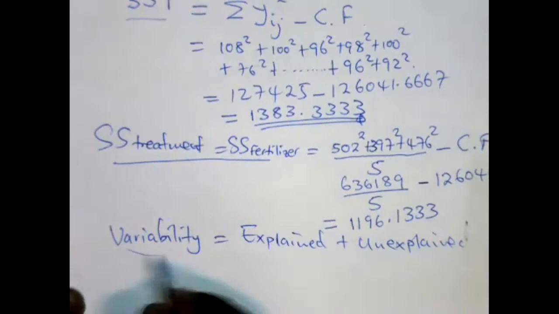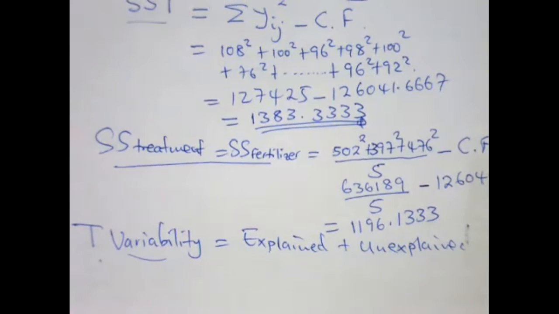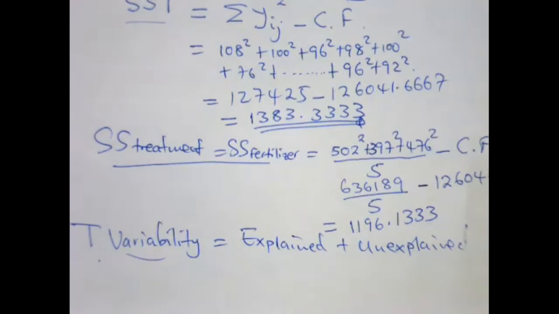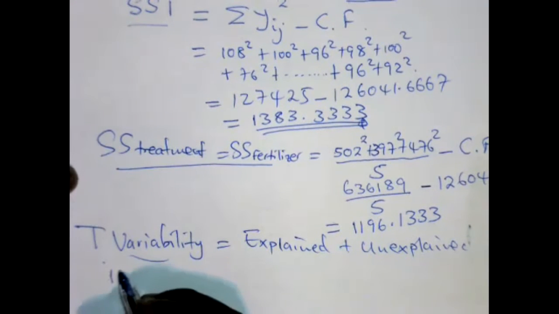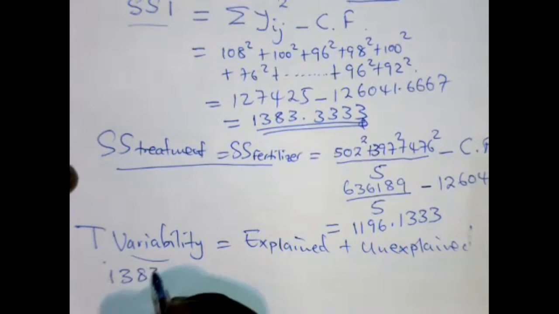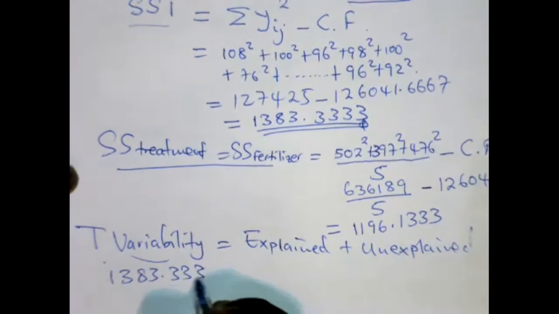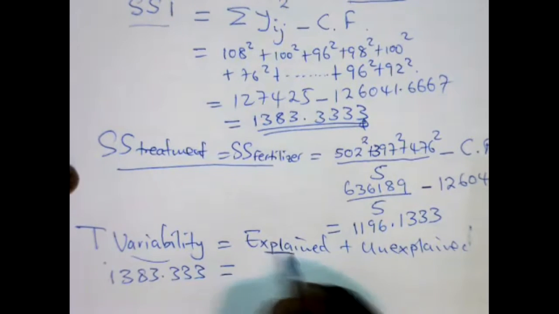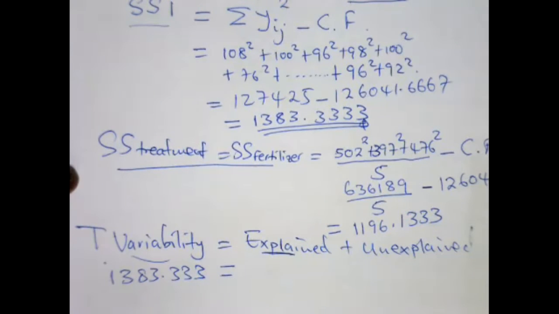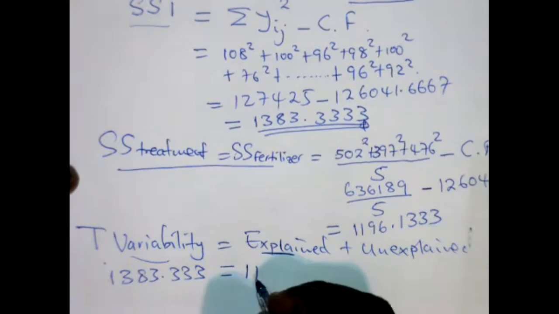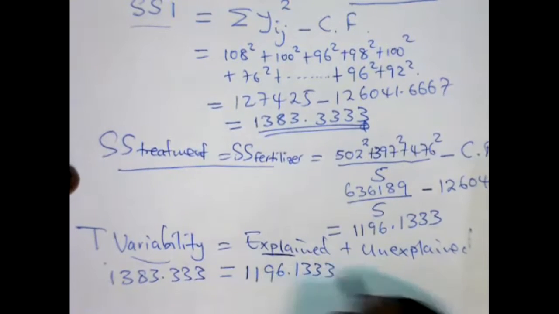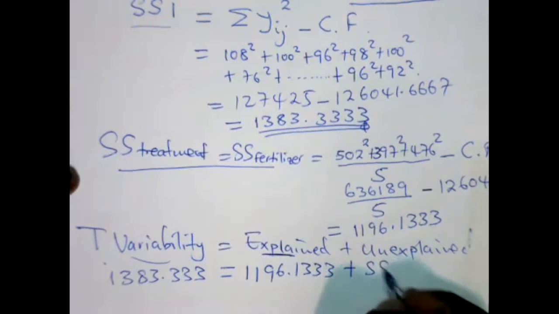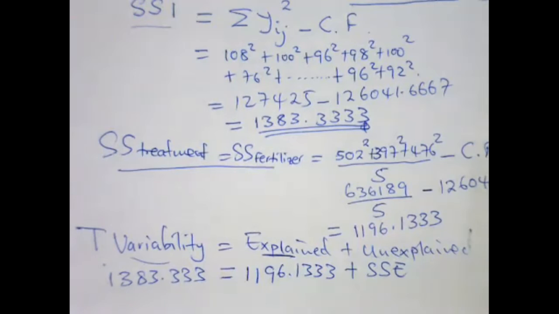Our total variability is our SST, which is 1383.333, equal to the explained variability that is due to treatment, 1196.1333, plus the SS error, which is unexplained variability.